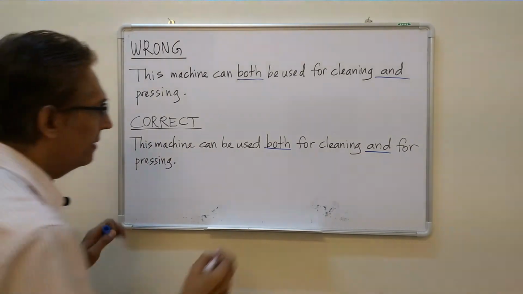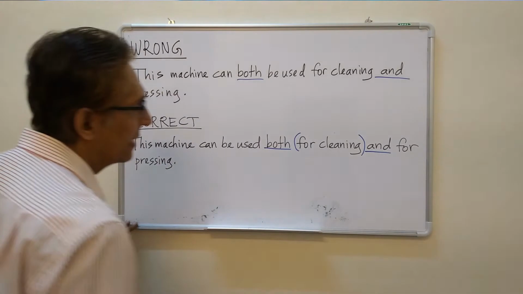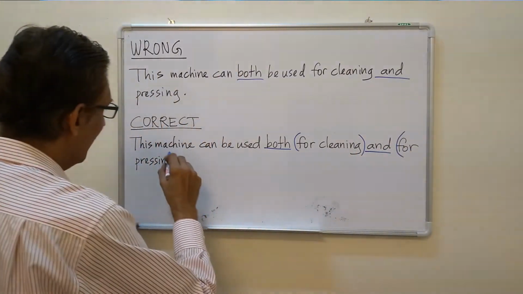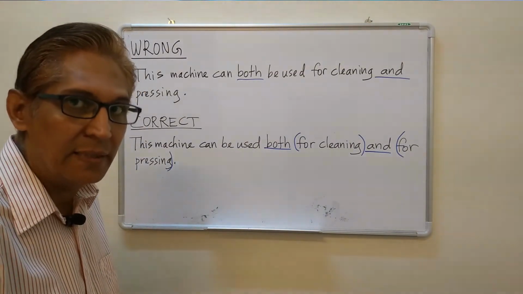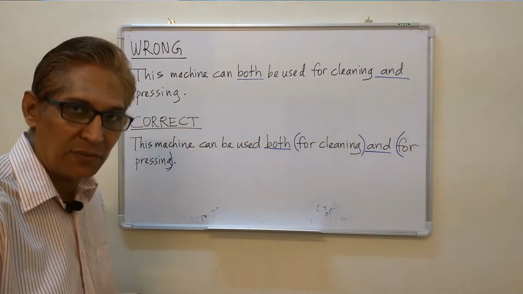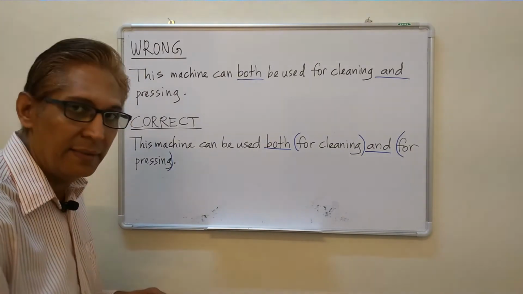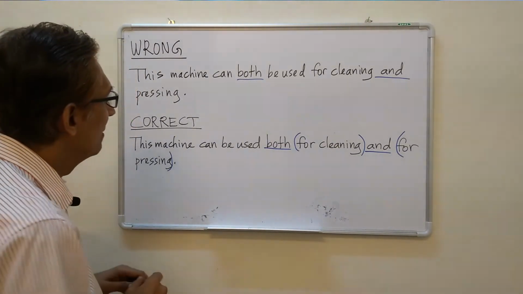As you can see, both is followed by a phrase for cleaning and is also followed by a phrase for pressing. Therefore, the balance of the sentence is maintained. Correlative conjunctions must be used in such a way that the balance of the sentence is maintained and shown clearly.